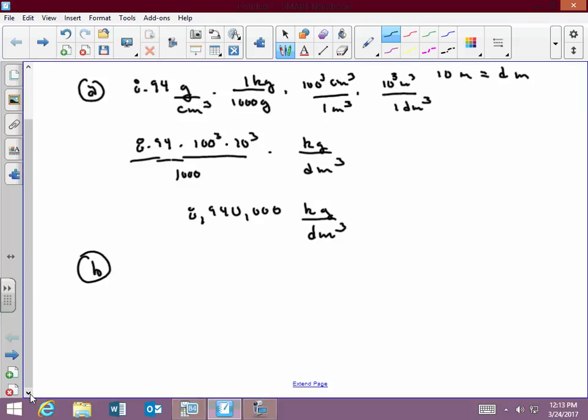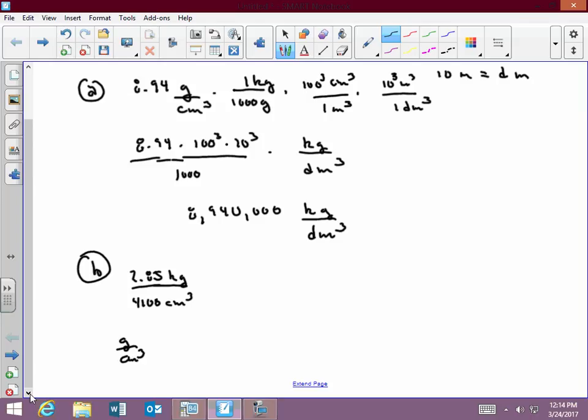So what they got is 2.85 kilograms, centimeters cubed. And we want grams. It's grams per centimeter cubed, right?